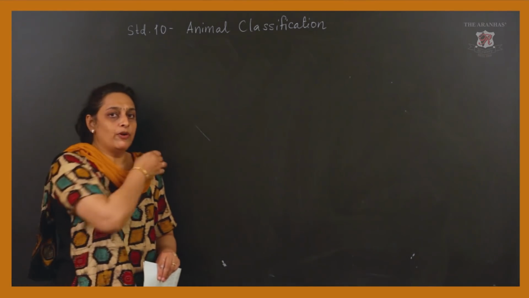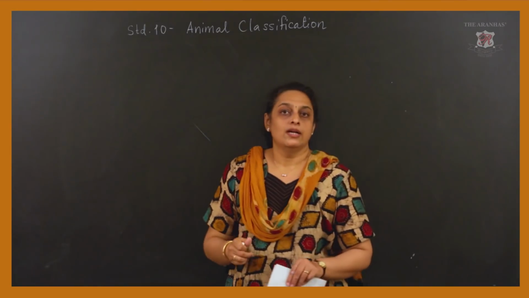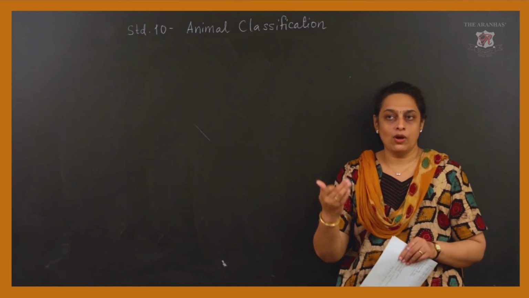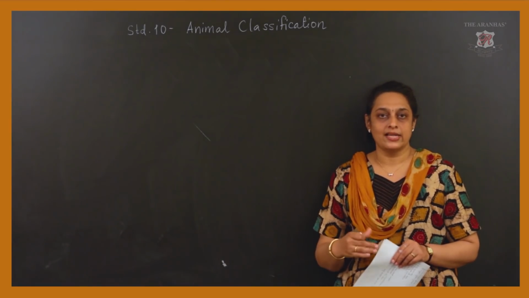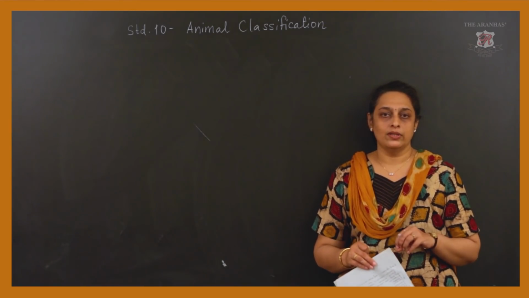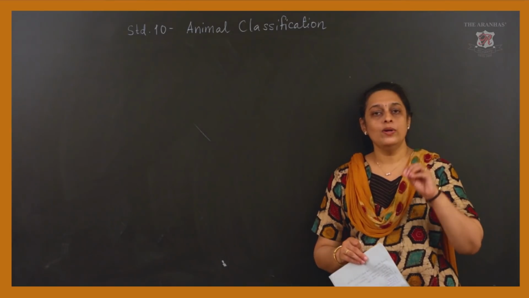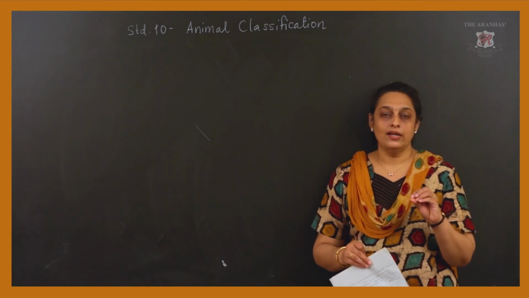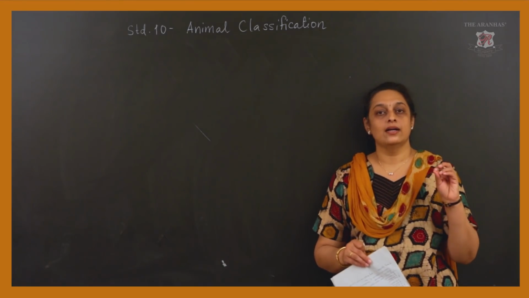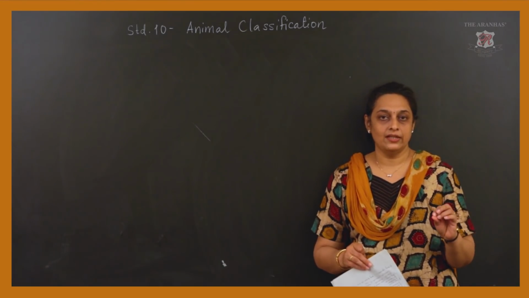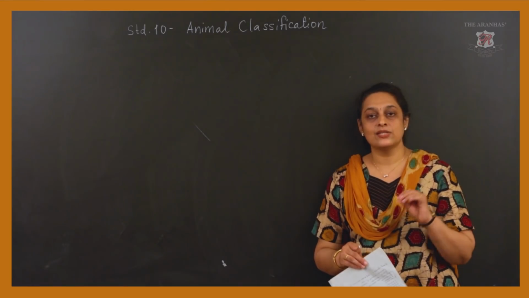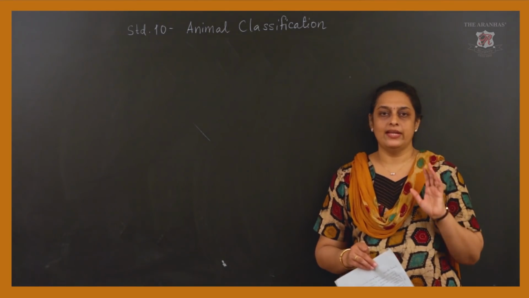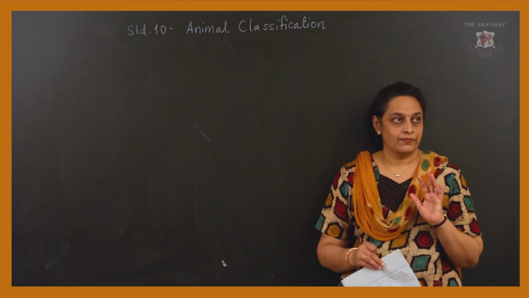Okay, now before moving on to actual groups of non-chordates or chordates, I am going to tell you how grouping is done. That is called criteria of classification or basis of classification. I will give you a very simple example.